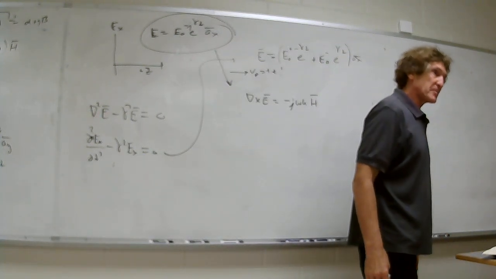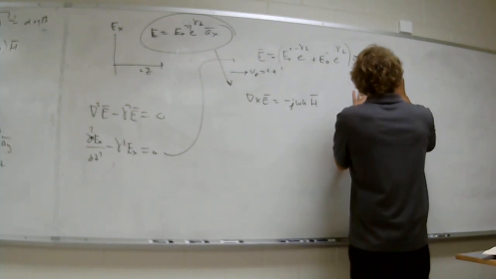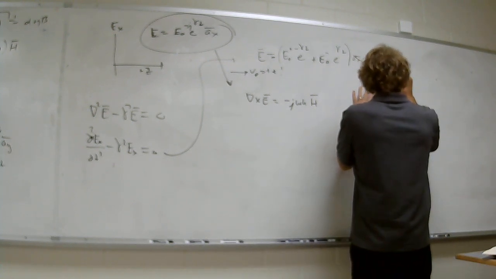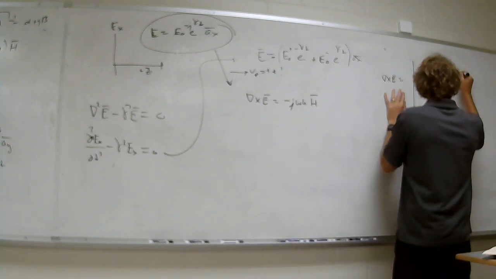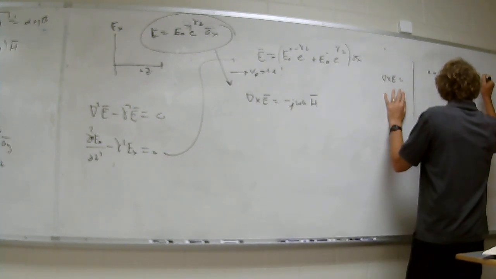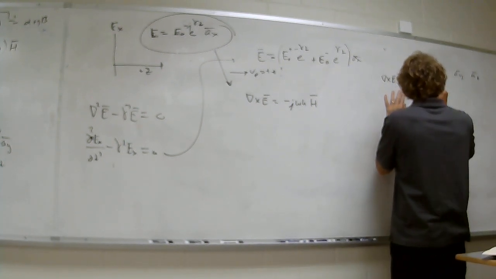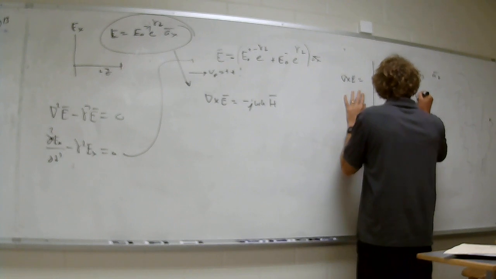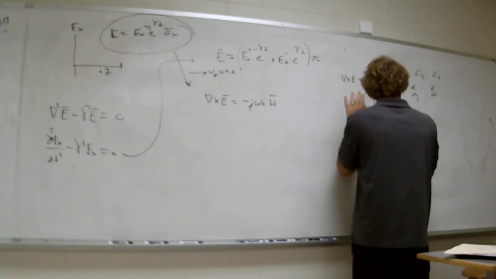I'm going to do the determinant form. So when I take the curl of E in general, that's equal to a determinant: a_x, a_y, a_z, then d/dx, d/dy, d/dz, and here it's going to be E_x.